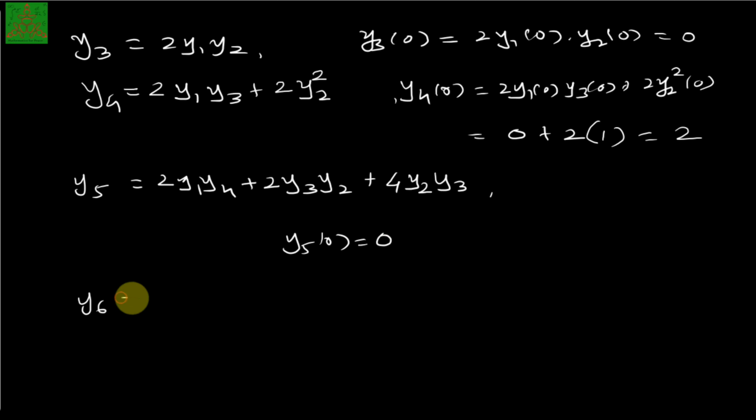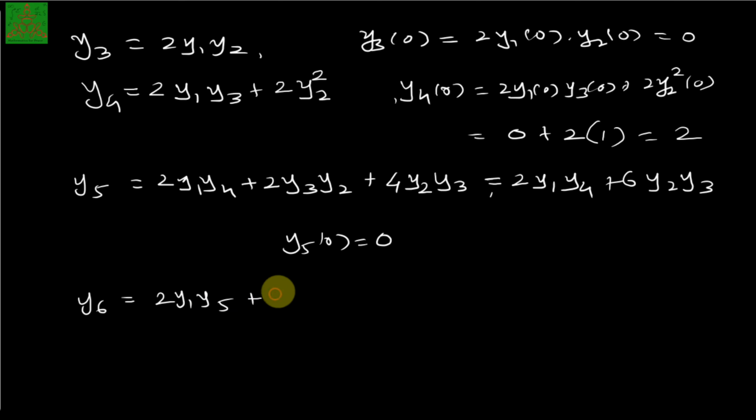For y6, we can write this as 2 times y1 y5 plus 2 times y4 y2 plus 6 y2 y4 plus 6 times y3 y3.